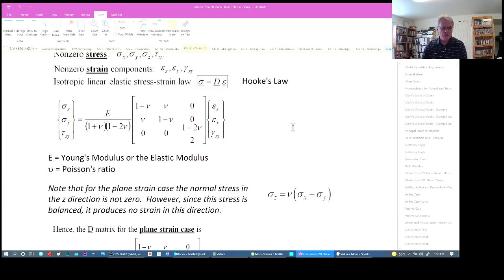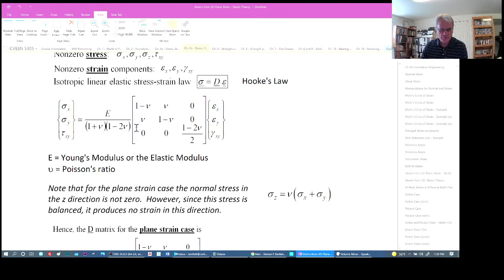So E in this case is Young's modulus, or the elastic modulus. And let's look at the stresses. Stress in the x direction, stress in the y direction, τxy would be shear stress. So this is a two-dimensional formulation times some material constants, in this case Young's modulus, and μ here is Poisson's ratio.